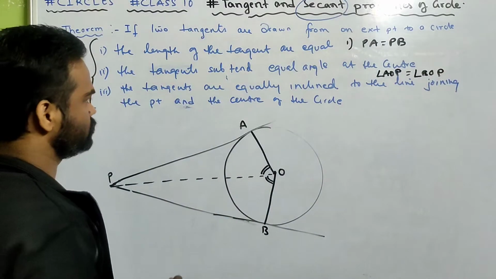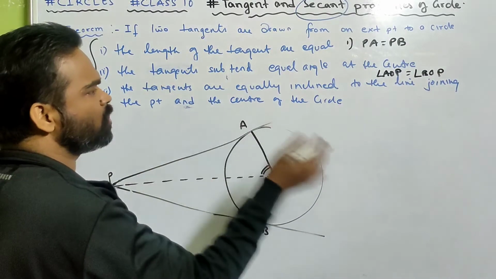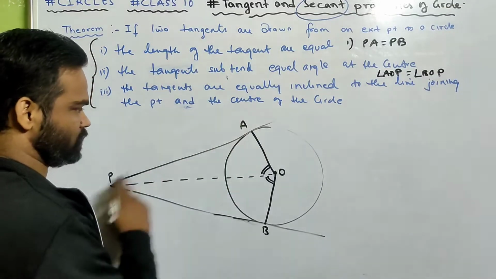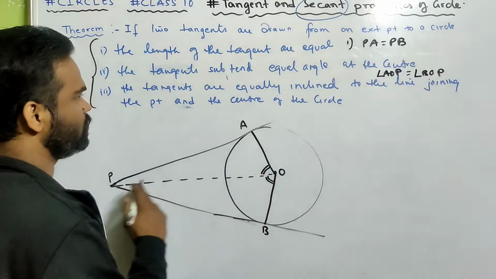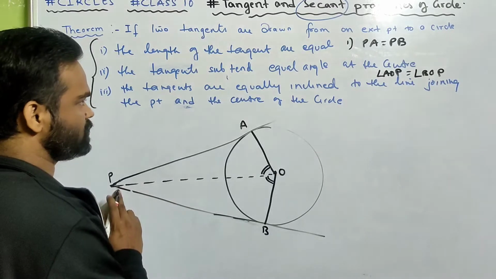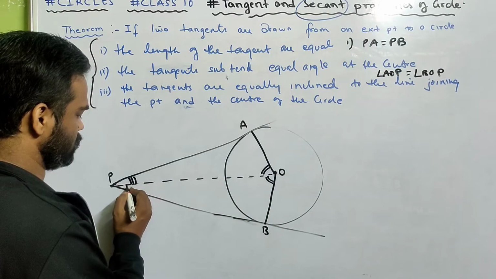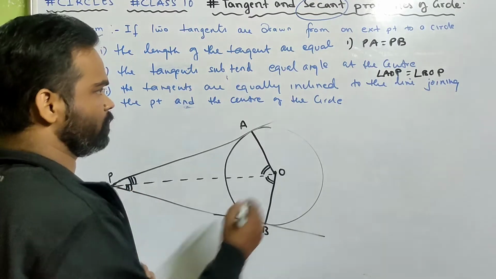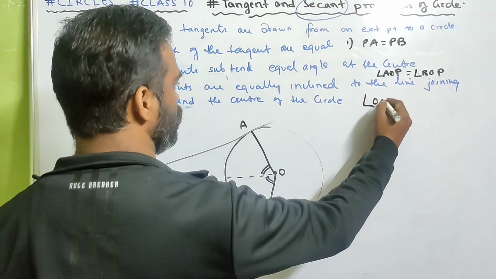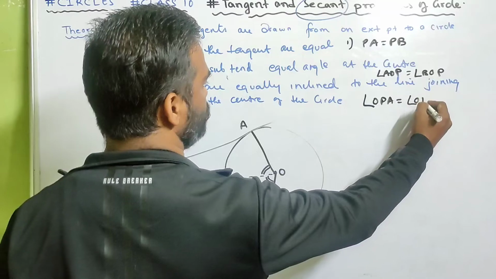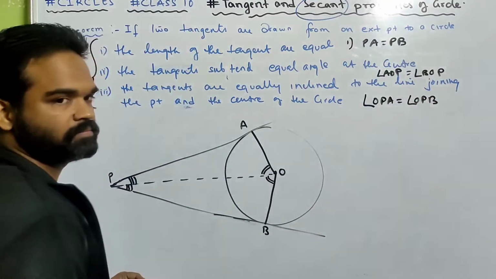We'll prove it. And third one, the tangents are equally inclined to the line joining the point and the center of the circle, which means this and this angle, both are same, which means we need to prove that angle OPA is equal to angle OPB. We need to prove this.